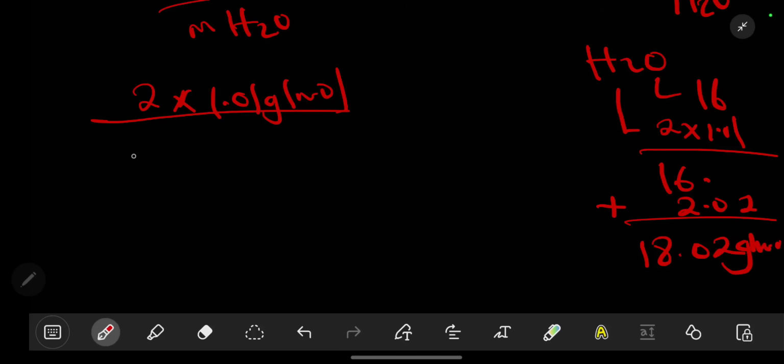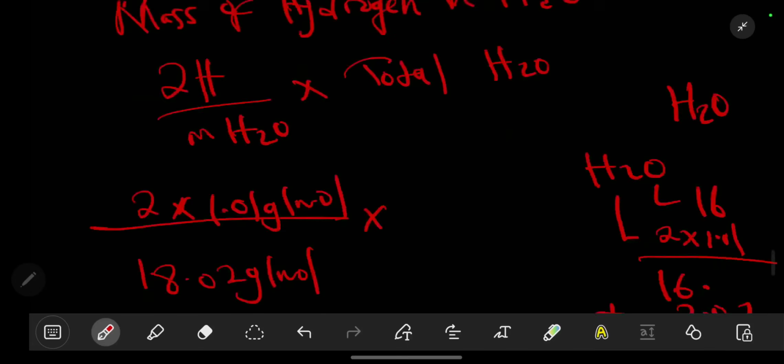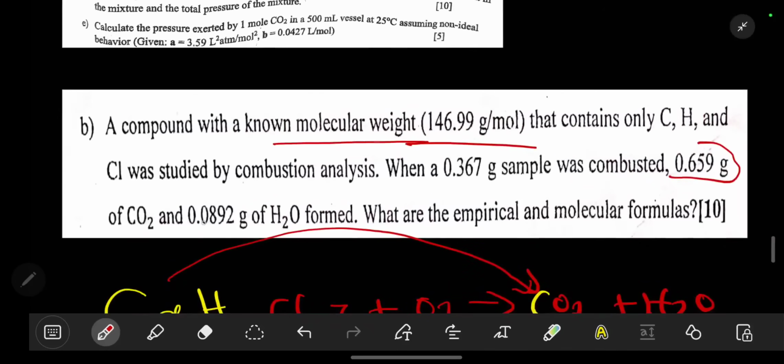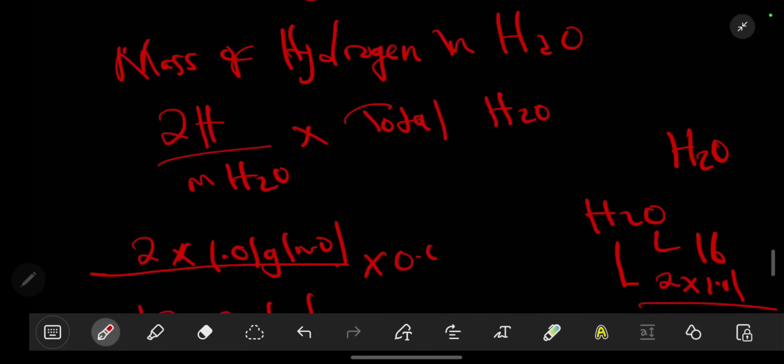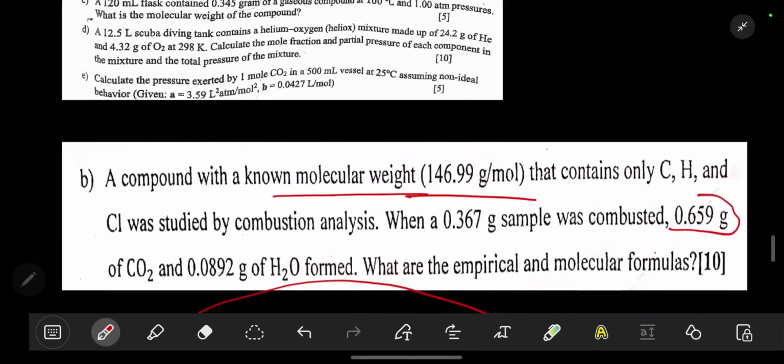So we write 18.02 grams per mole. Then we multiply this by the total amount of water present, which is 0.0892 grams.